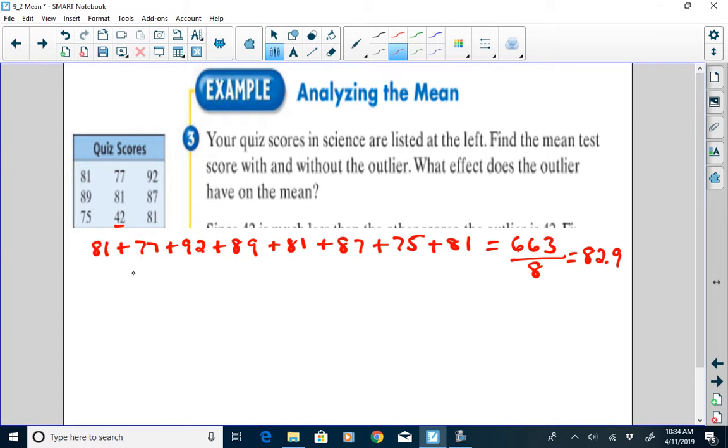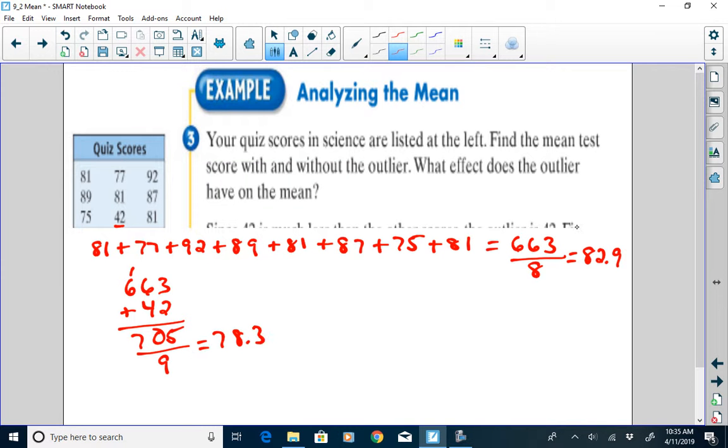If I want to find the mean with the outlier, I take that previous sum, 663, add the 42 to it. That's going to be 705, but we're dividing that 705 now by 9. That winds up with 78.3.